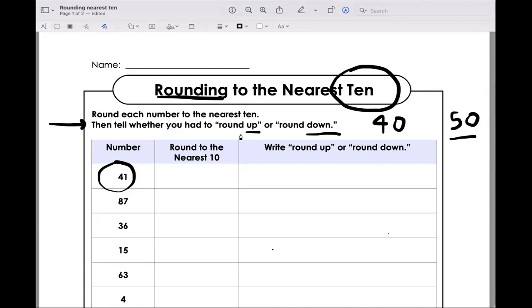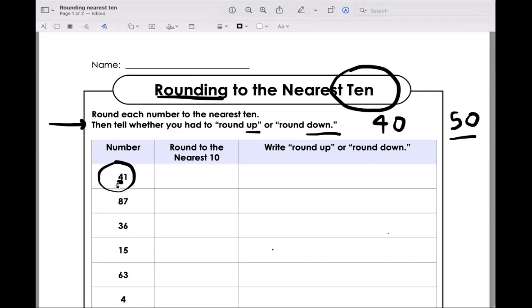When we round up or down, it's helpful to first think, what are the two numbers that are possible? I think if we start with that step, we know that it has to be one of those two numbers. Are we rounding up to 50 or are we rounding down to 40? So again, step one is to recognize that it's to the nearest 10. There's our tens place.